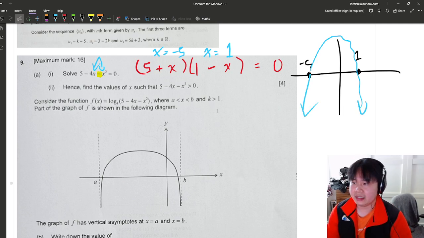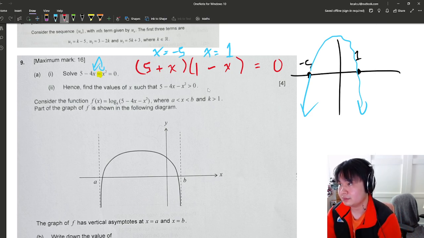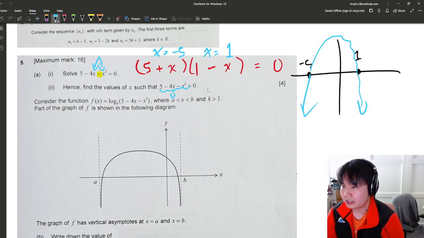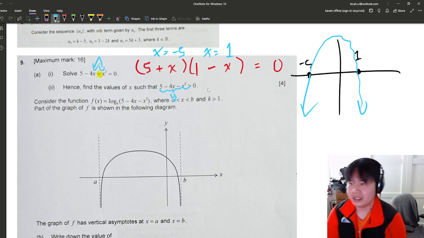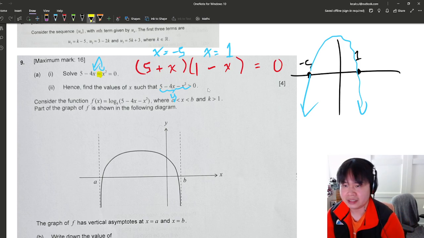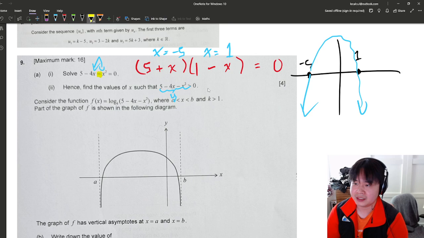Okay, then this is saying which values of x is our parabola, our graph, above 0, greater than 0. It's talking about the y values, right? This whole thing is the y values. And then because we know what the graph looks like, we know exactly which values of x produce a y value greater than 0.